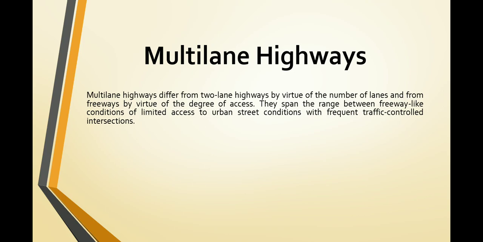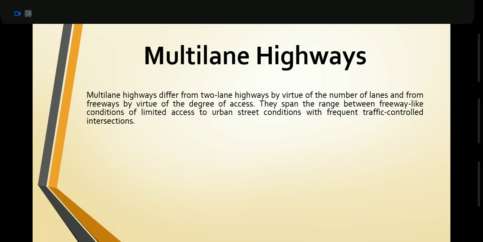Multi-lane highways. Multi-lane highways differ from 2-lane highways by virtue of the number of lanes and from freeways by virtue of the degree of access. They span the range between freeway-like conditions of limited access to urban street conditions with frequent traffic-controlled intersections.